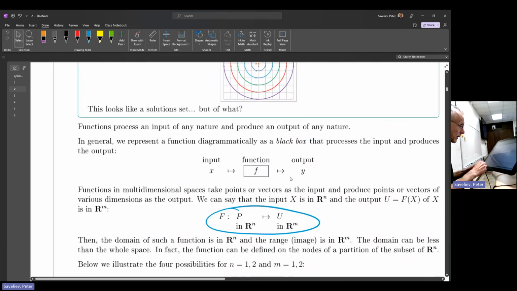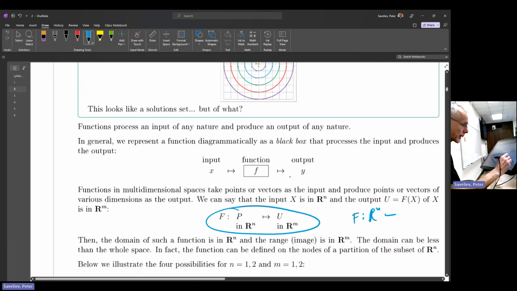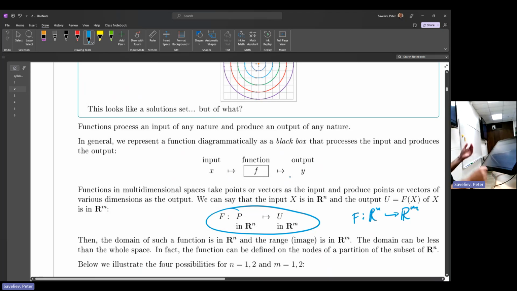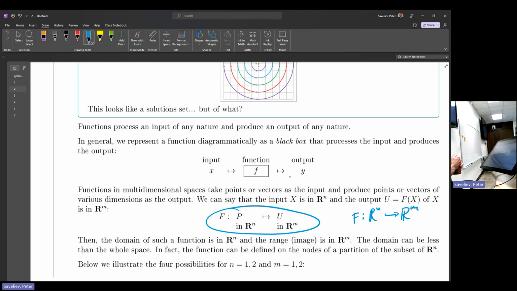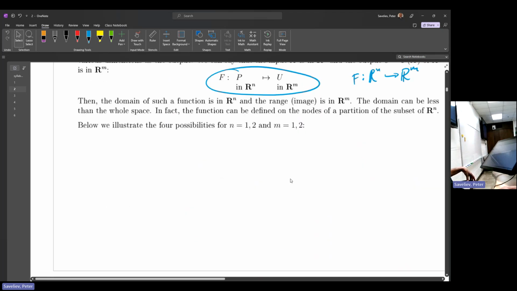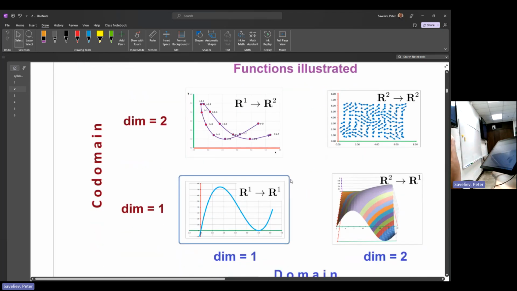So once again, remember this notation: R^n to R^m. I hope you've seen this notation indicating that R^n is the Euclidean space of dimension n, the input, and the Euclidean space of dimension m is the output, and then varying the two numbers produces a variety of functions that you can imagine, covering the whole calculus. So calculus 1 is right there in the box.